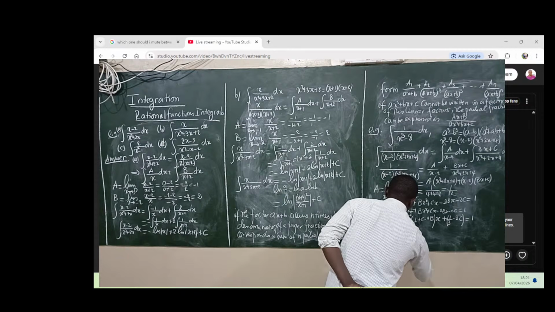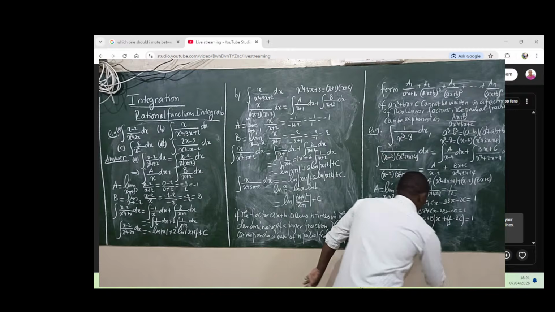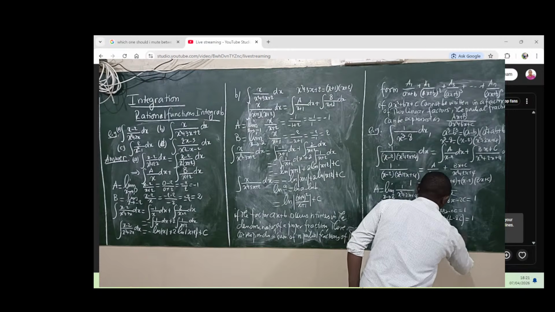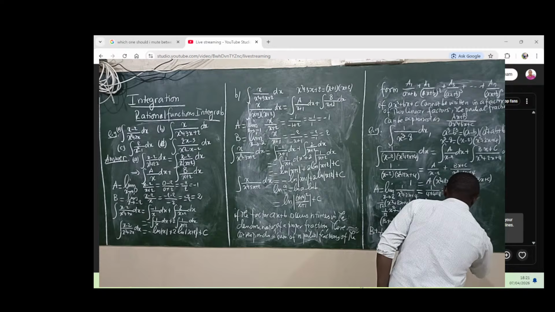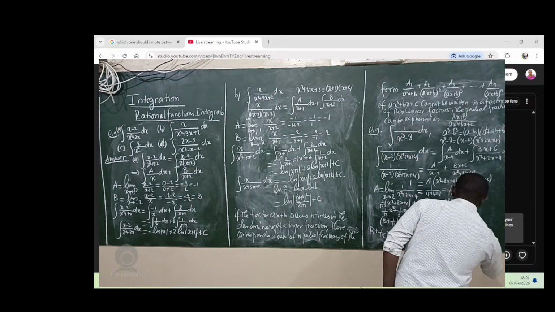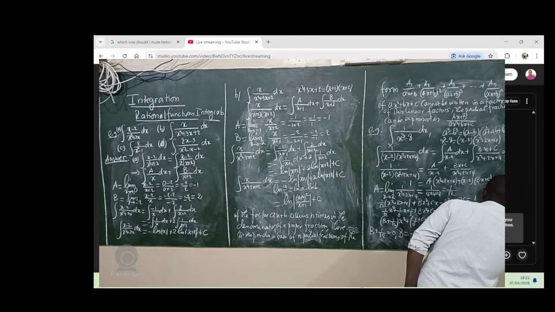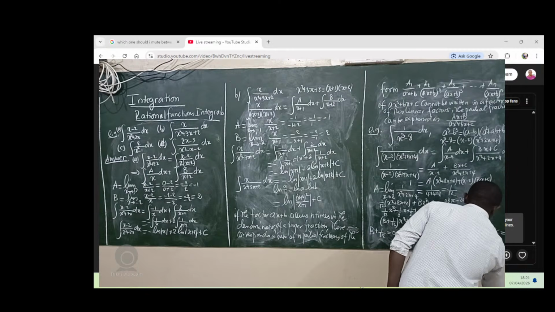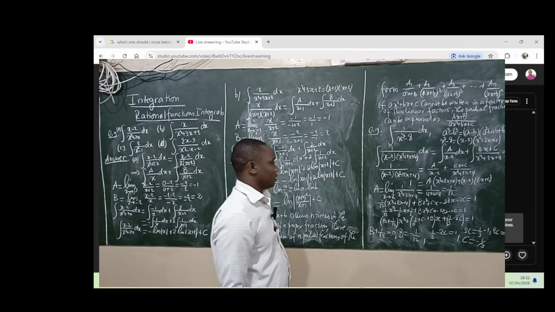Okay. And here we have 1 over 3 minus 2c, which is 1. 2c is going to be 1 over 3 minus 1. 2c is equal to minus 2 over 3. Here c is minus 1 over 3, guys. Those are the values we need.